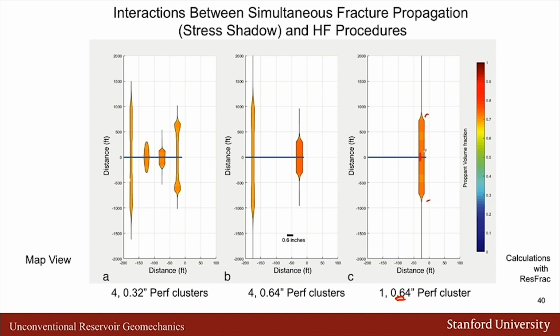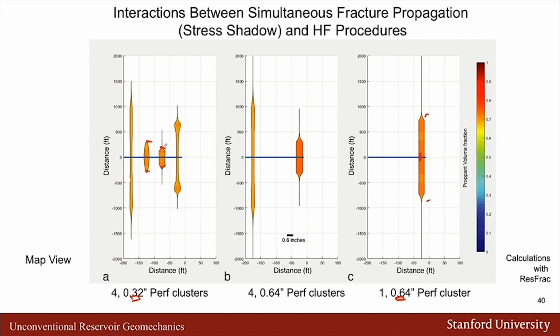Now, if we look at the perforation clusters on the left, those have 0.32 inch perforations, half of what it was in the initial case, and you pump into those 4 perforation clusters at the same time, what you find is that the growth of the innermost fractures is impeded.